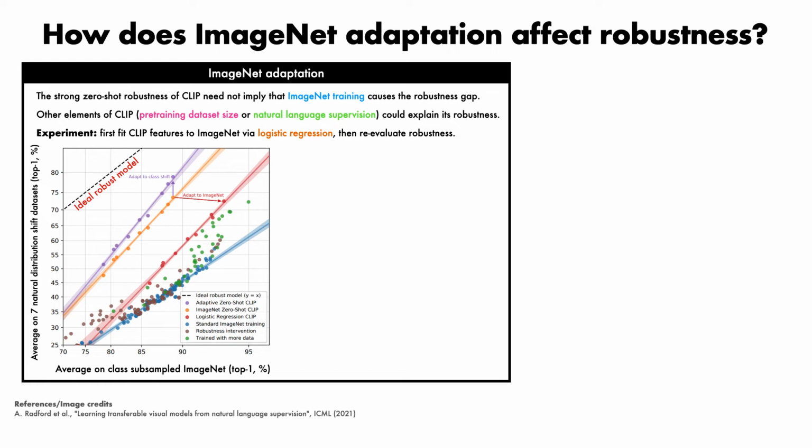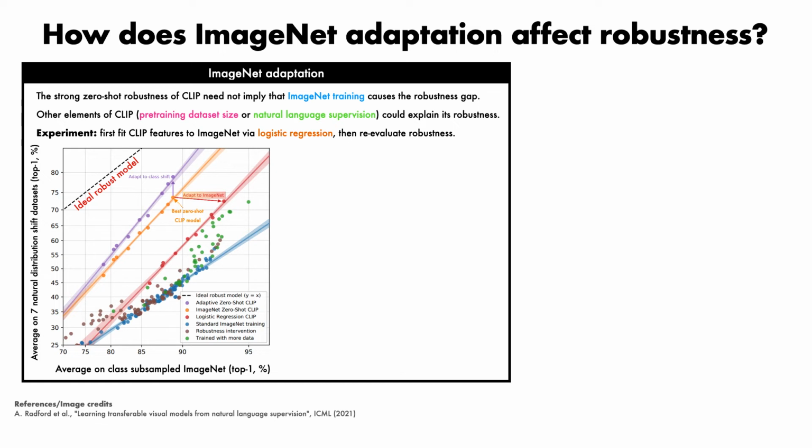The orange dots represent the various CLIP models evaluated zero-shot, and this dot in particular at the top denotes the best performing CLIP model. By adapting this model to ImageNet with logistic regression, we see a significant gain in ImageNet performance, as evidenced by a jump of about 9% to the right.